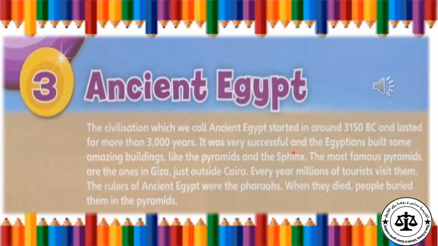It was very successful, and the Egyptians built some amazing buildings like the pyramids and the Sphinx. The most famous pyramids are the ones in Giza, just outside Cairo. Every year, millions of tourists visit them. The rulers of ancient Egypt were the pharaohs. When they died, people buried them in the pyramids.